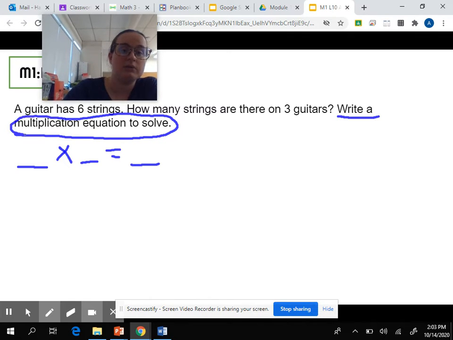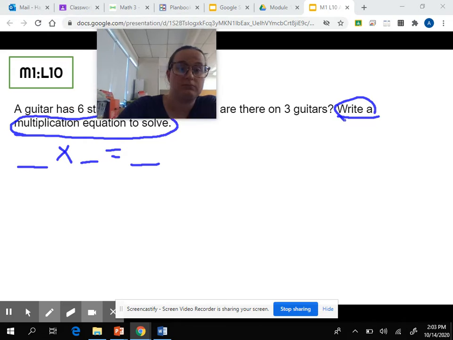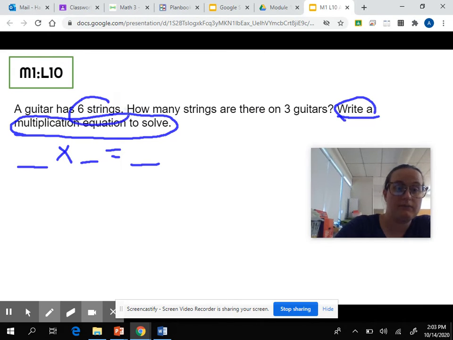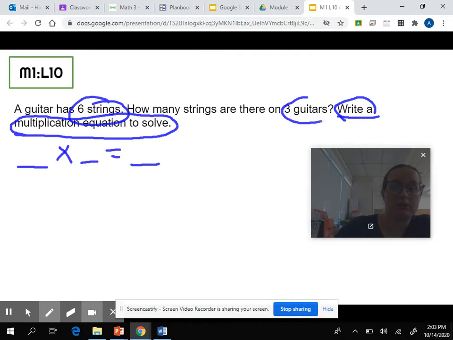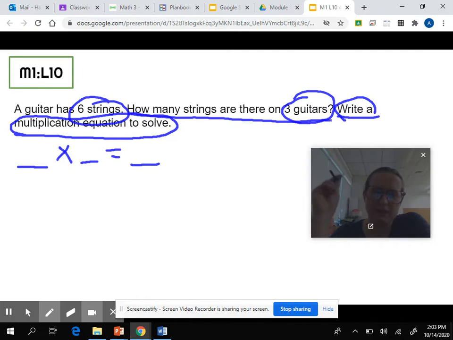That's very important, right? Along with the guitar has 6 strings. How many are on 3 guitars? Okay, so we need to answer how many there are on 3 guitars.